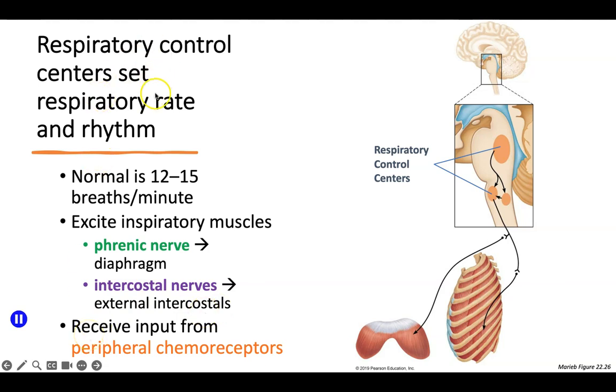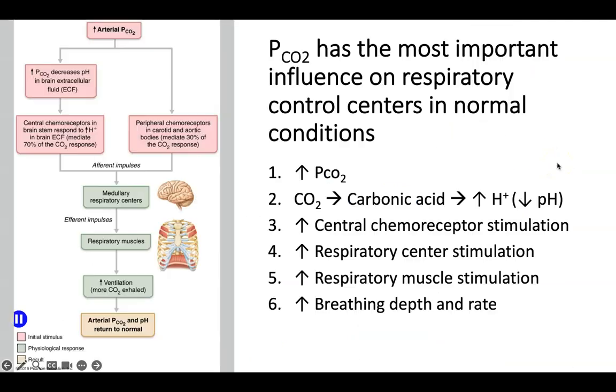These respiratory control centers in the brainstem are receiving input from peripheral chemoreceptors. So the partial pressure of carbon dioxide has the biggest influence on the respiratory control centers under normal conditions.